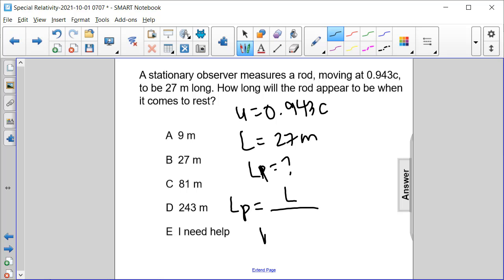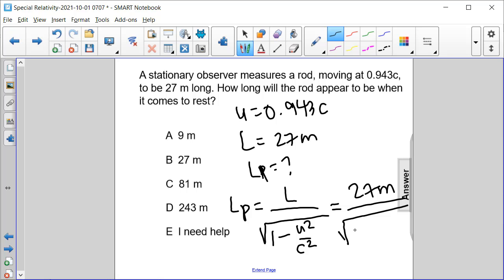So L over the square root of 1 minus U squared over C squared. So L, 27 meters, over the square root of 1 minus 0.943 squared C squared over C squared. The C squareds cancel.